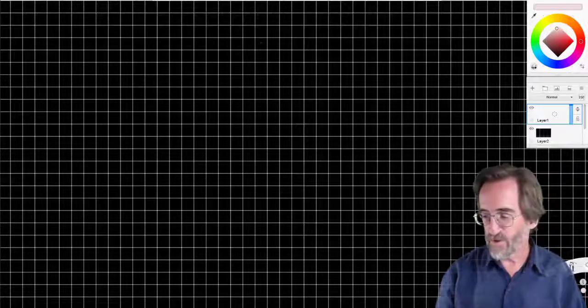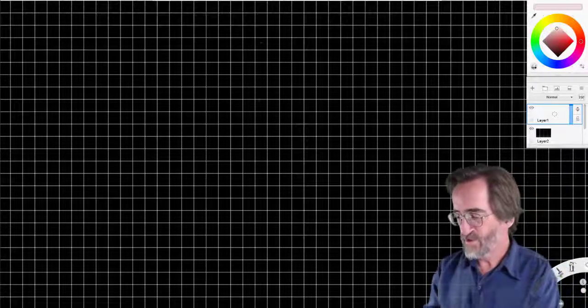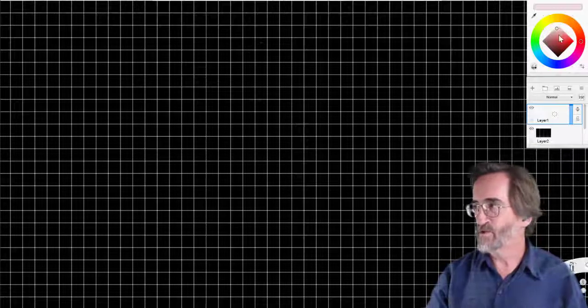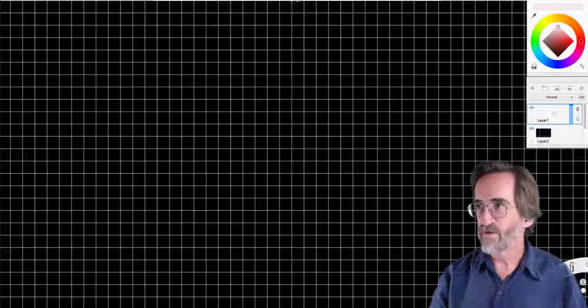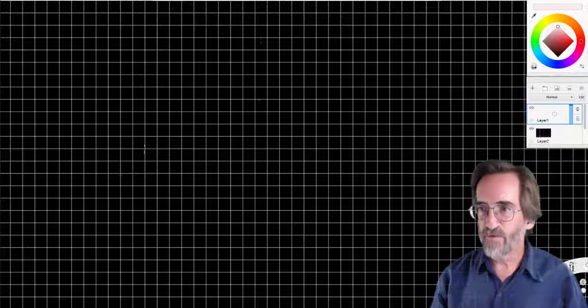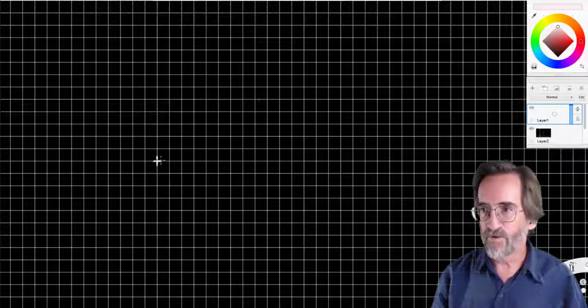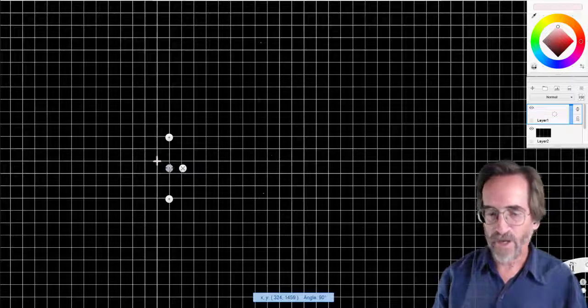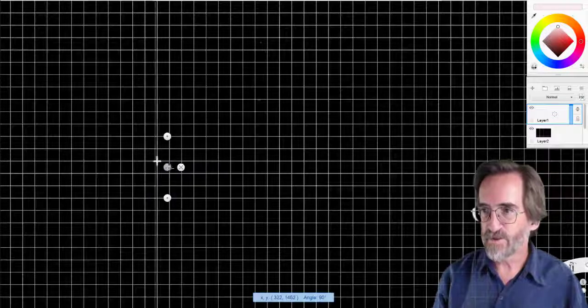Okay, so let's start with a graph system here. The idea is we're going to take a picture, a shape, and we're going to put a push pin, if you will, in the graph at the origin. So let's put the origin right here. Draw the y-axis. Y-axis goes up and down.